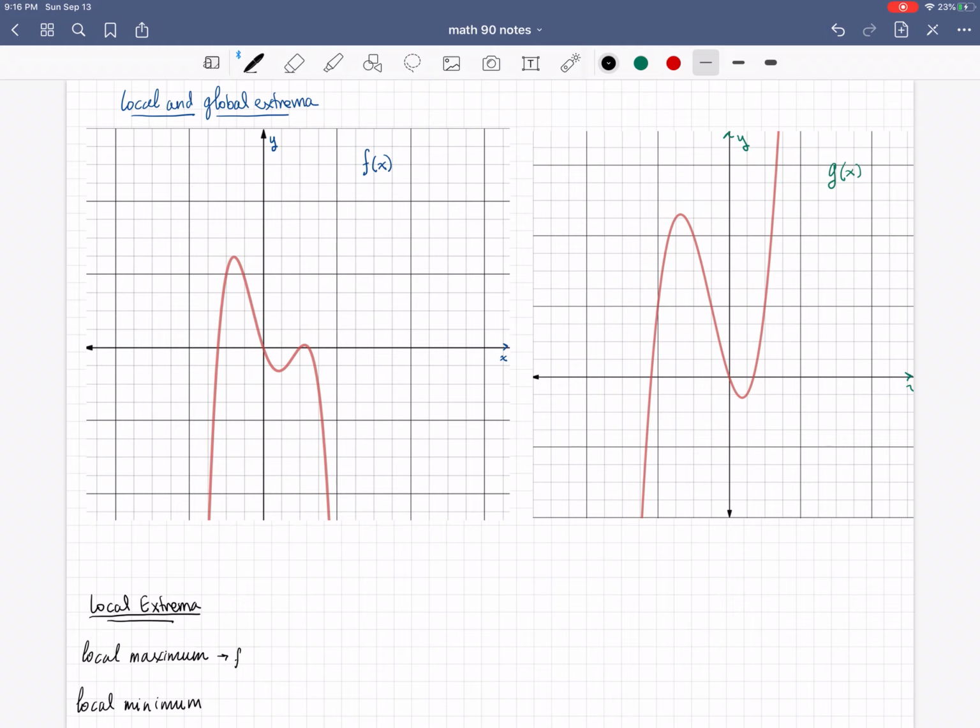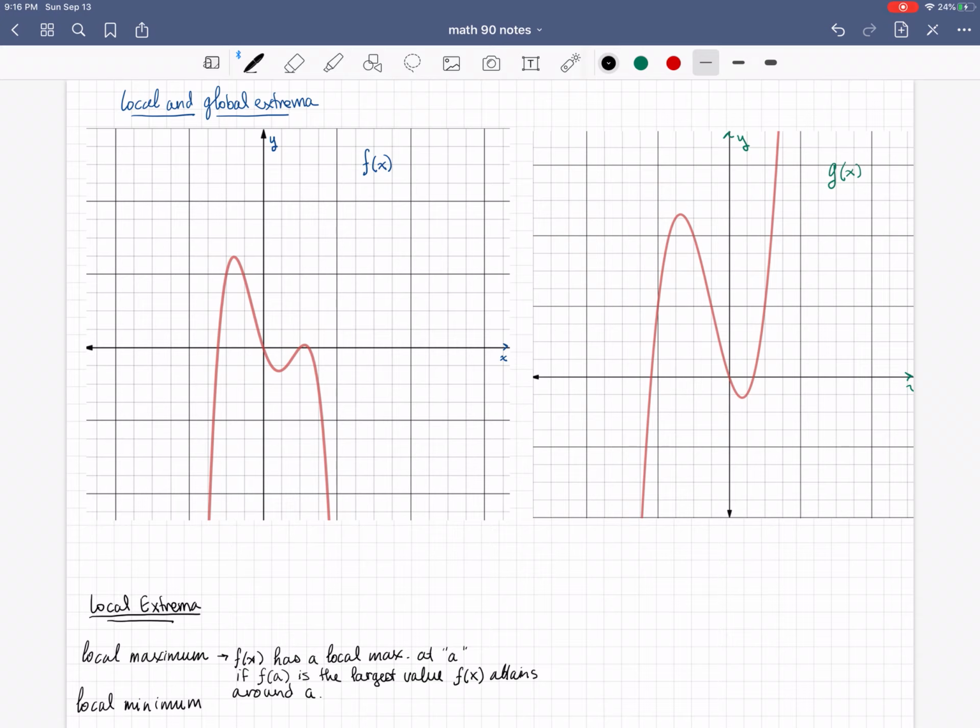So f of x has a local maximum at a if f of a is the largest value f of x attains around a.